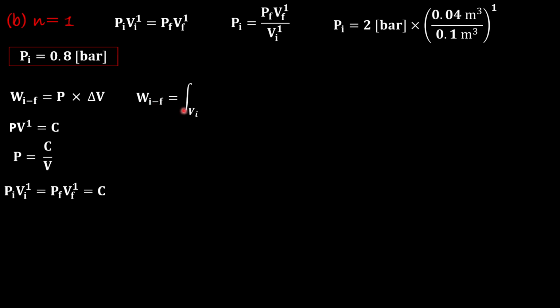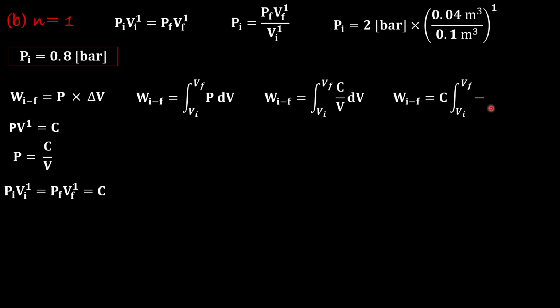So now we know that work is the area under the path or under the curve, which will be pressure times change in volume. We will replace the pressure with this expression, which is C over V, dV. Now we will take C outside the integral, and it will be 1 over V dV from the limits V initial to V final. Then we will use the integration rule: the integral of 1 over V is ln V, or log V. So we will solve this further.